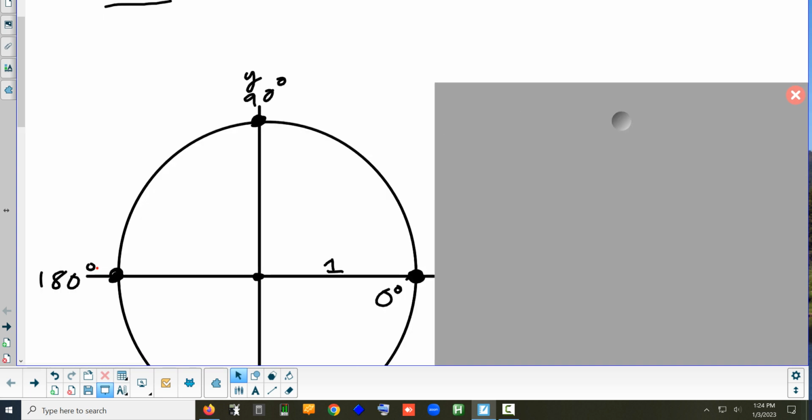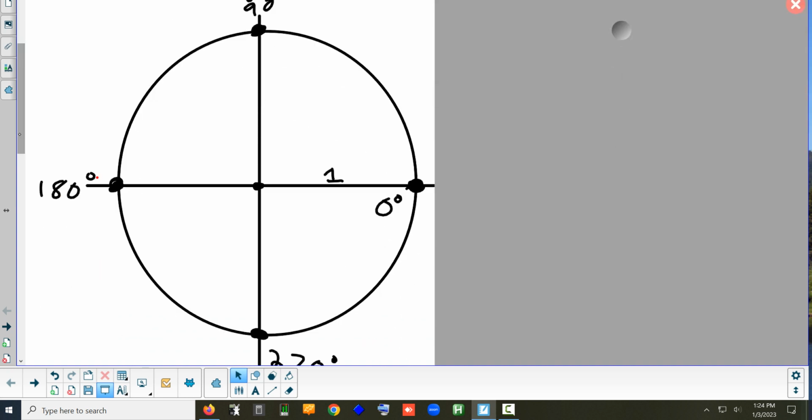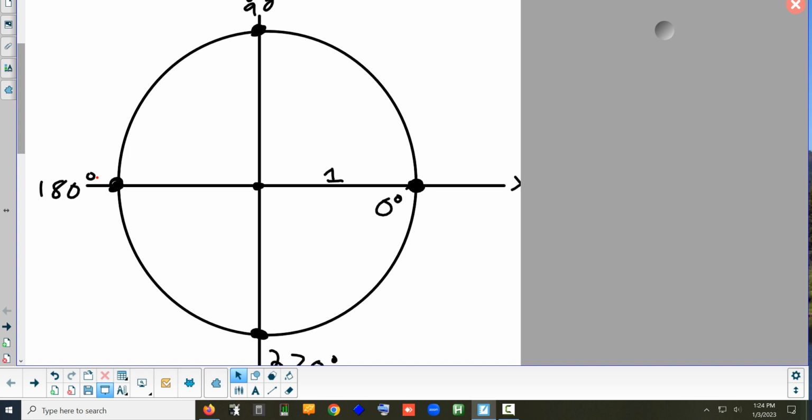Okay, so what is unit circle trig? Let's take a look at it. The first thing to look at is just the title. Everything we do this week is going to have to do with a circle, specifically what's called a unit circle. All that a unit circle is, is a circle with a radius of 1.